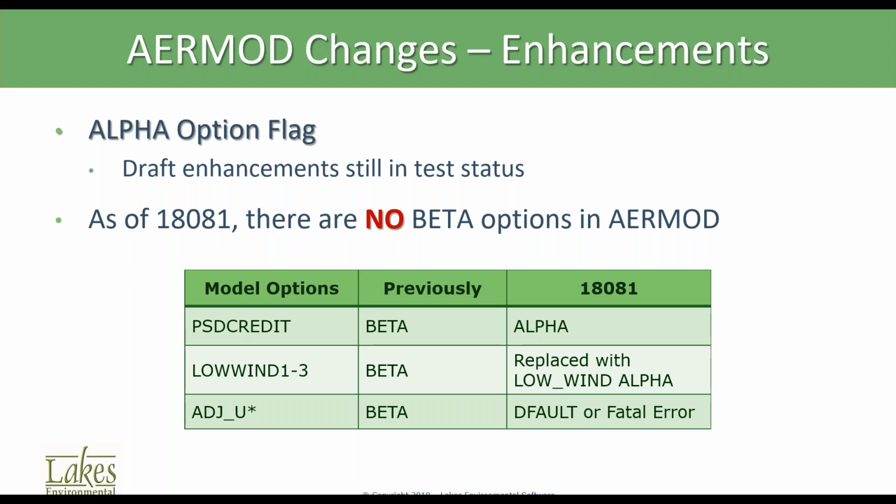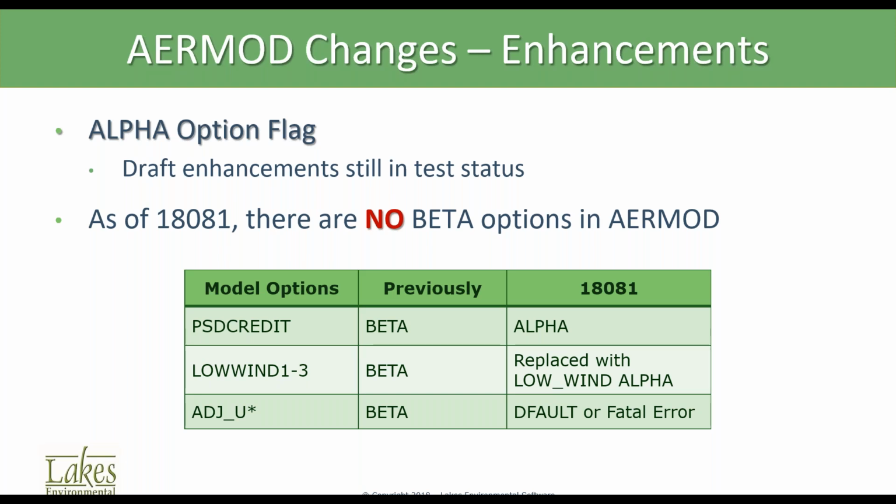The beta option flag or keyword is now in 18081 going to be reserved for options that have undergone peer review and full scientific testing so that they can be then considered for promulgation into future versions of AERMOD. So if something graduates from an alpha to a beta, then the expectation is that eventually in a future model release, it would graduate from a beta option to a full regulatory default option.